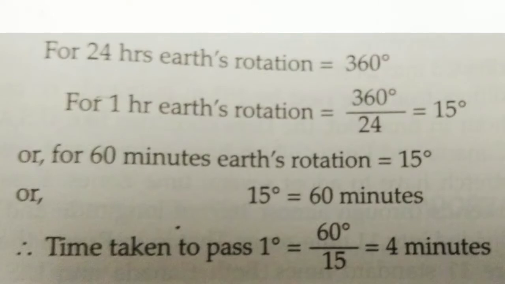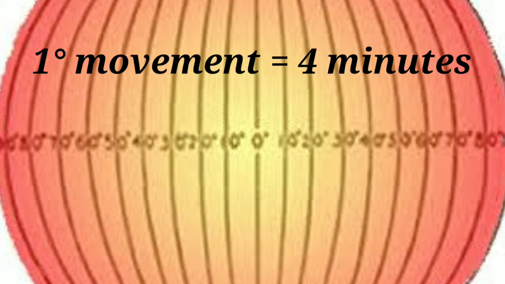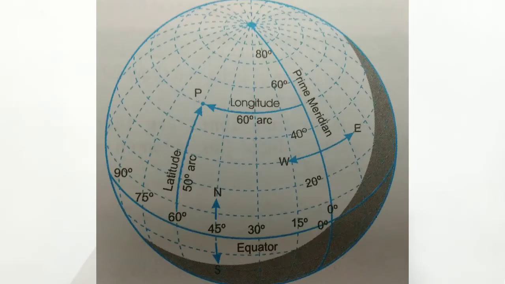So in this manner, the earth will complete 15 degrees in 1 hour. And when we have 15 degrees in 1 hour, then 1 degree movement of the earth will be done in 4 minutes. As degrees are further divided into minutes and then into seconds, the earth takes 4 minutes to complete 1 degree of movement.